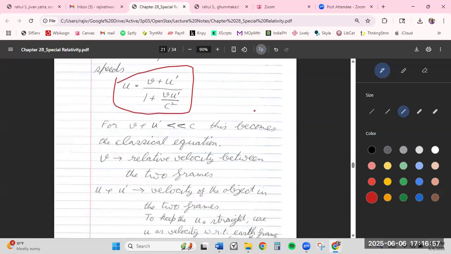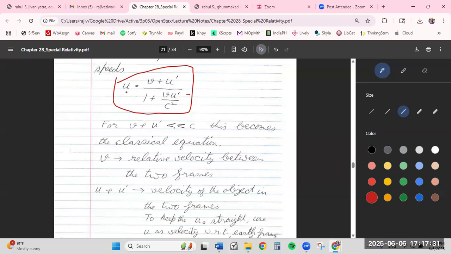Now, this equation meets the criteria we had laid out before, that for small speeds, relativistic equations should look exactly like the classical equations. So if v and u prime are both much less than c, then v u prime over c squared is virtually zero.